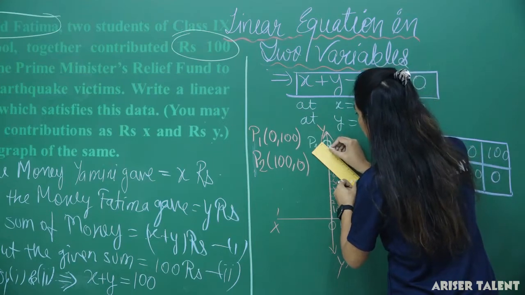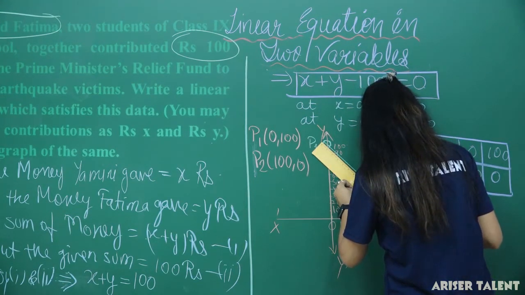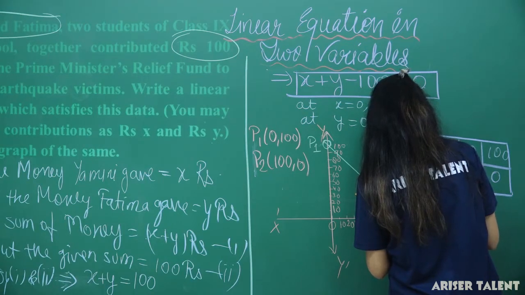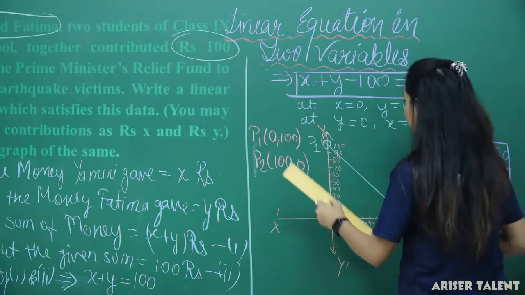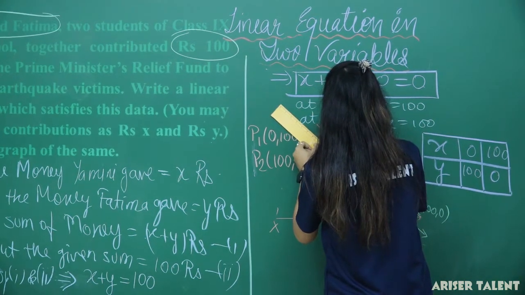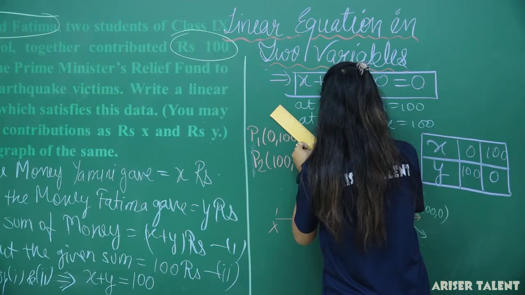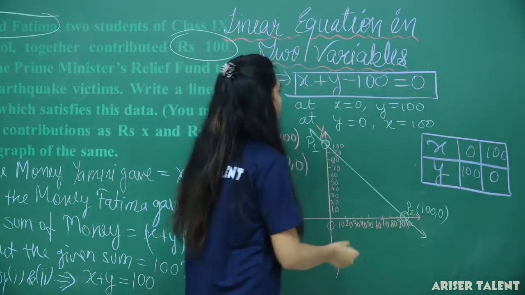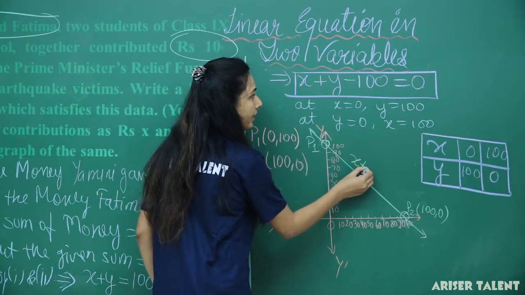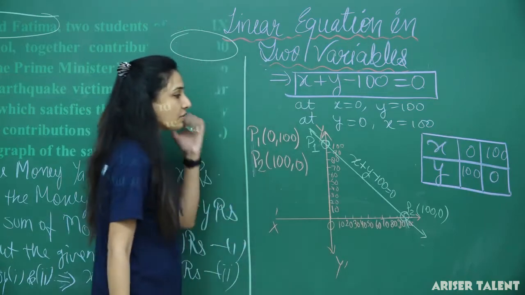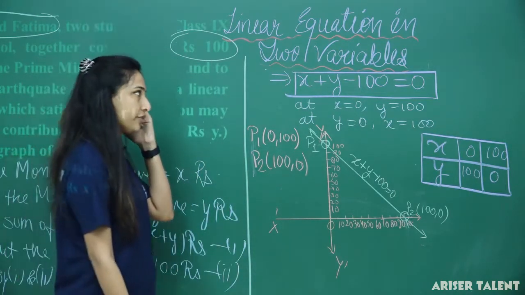So we have this graph here. And this is X plus Y minus 100 equals 0, or you can write X plus Y equals 100, whatever equation you want to write.